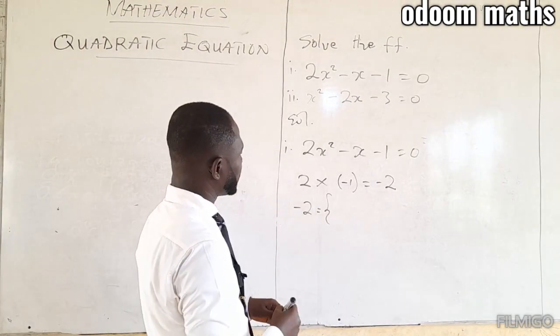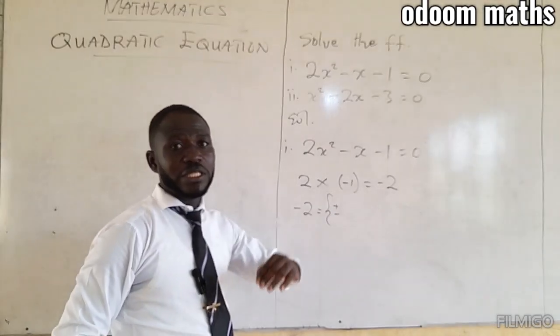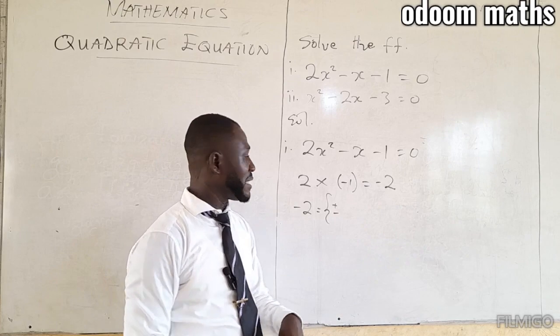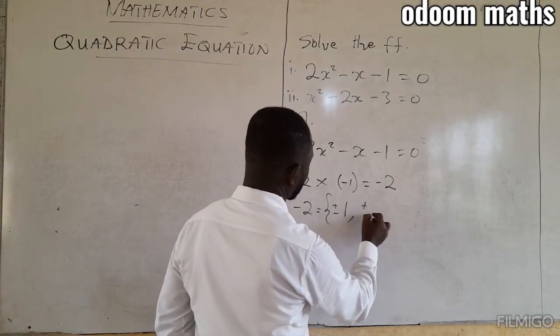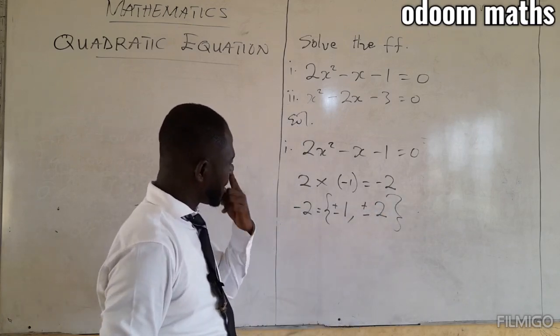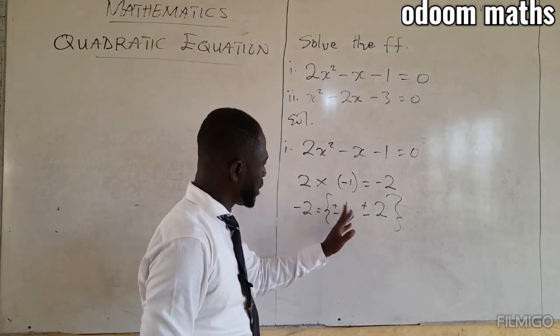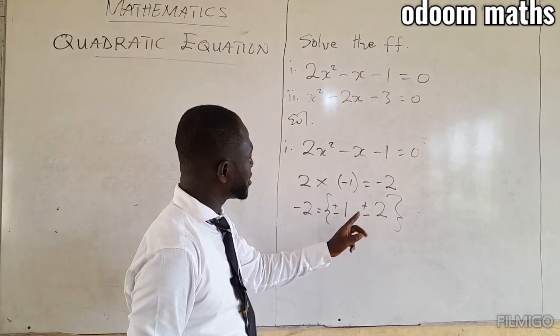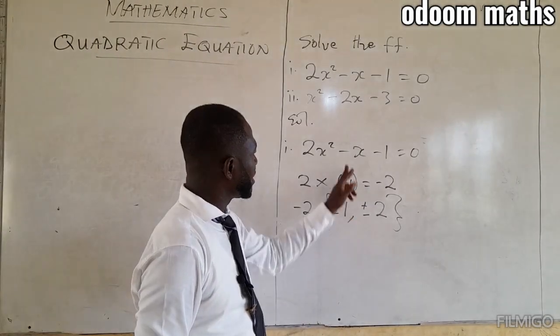The factors of negative 2 are plus or minus 1, and plus or minus 2, because we look at both the negative and the positive side. Let's look for two numbers that when added or subtracted will give us negative 1.